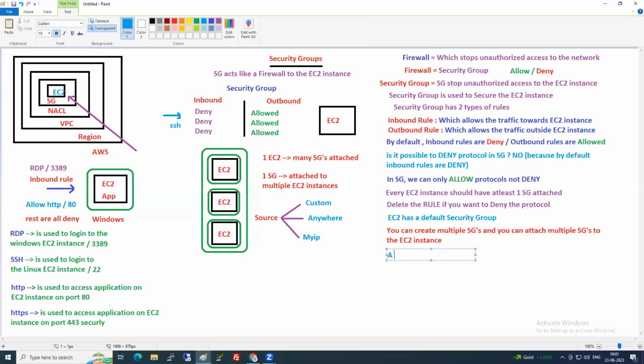Super. A brand new security group: all inbound rules are denied, and outbound rules are allowed.